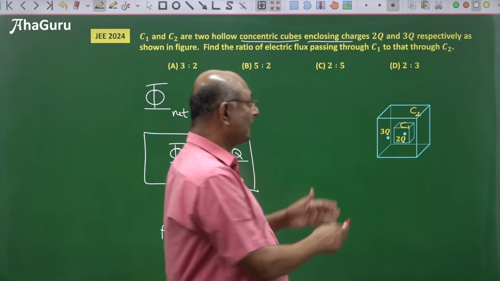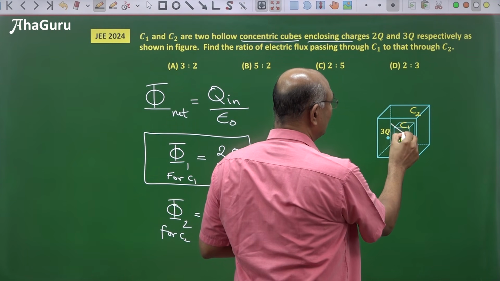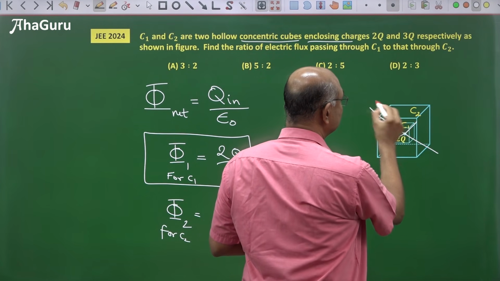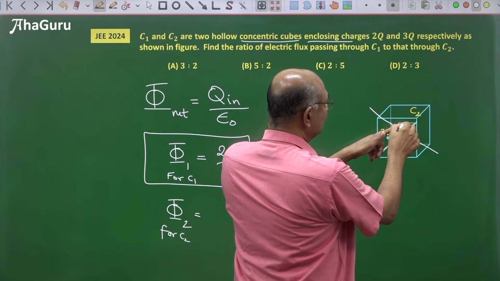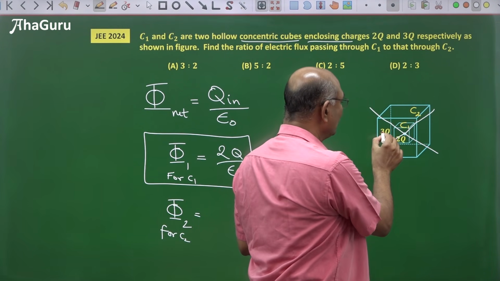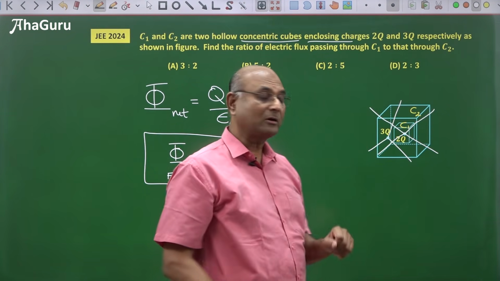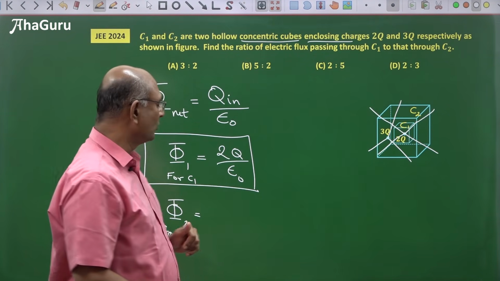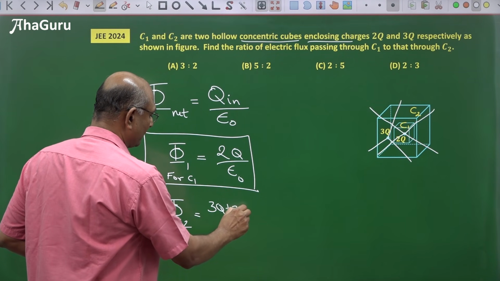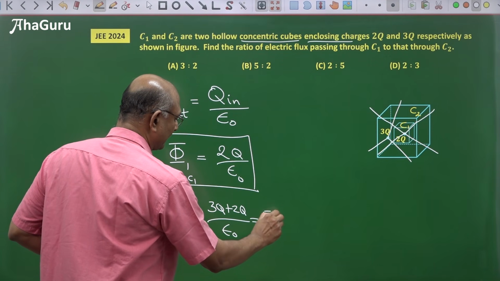So the lines that come out of 2q will come out of C1 and they'll also come out of C2. So you will definitely have to count 2q, and of course you also have to count 3q. So you have to count 3q plus 2q, which is 5q by epsilon naught.